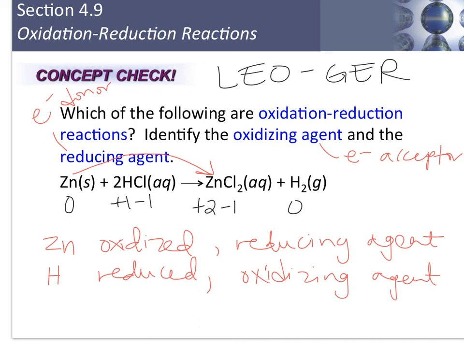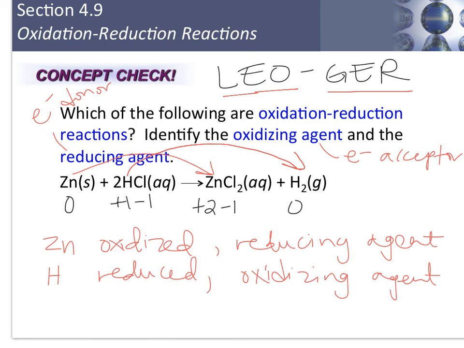And then hydrogen is another element, so its oxidation state is 0. So zinc goes from an oxidation state of 0 to +2 when it becomes an ion. So it has lost electrons, so it is oxidized. And then the hydrogen went from a +1 to a 0, and so it gained electrons, so it is reduced.